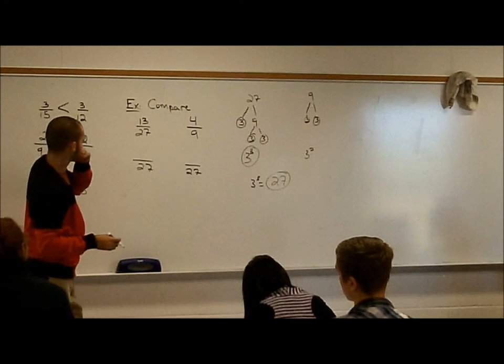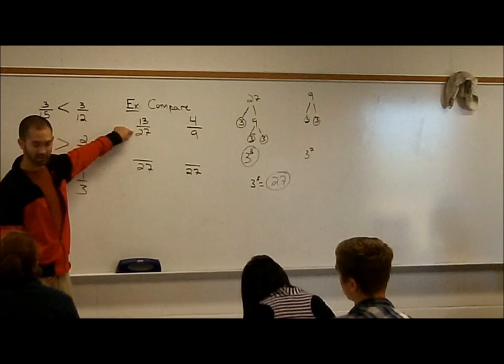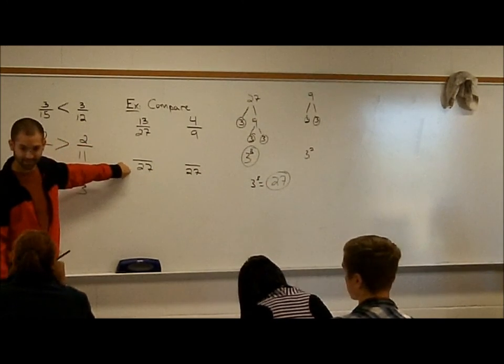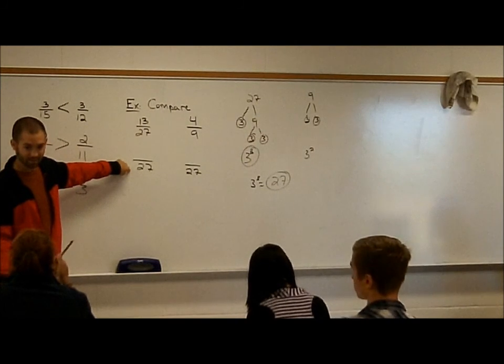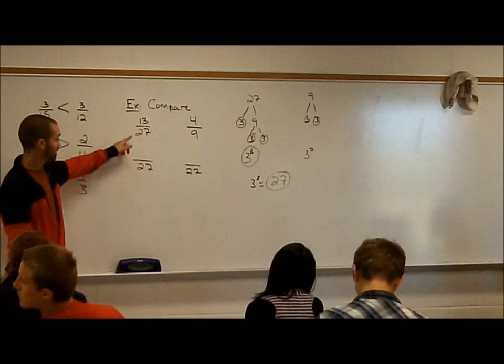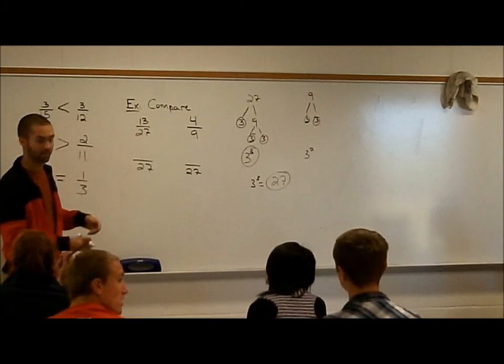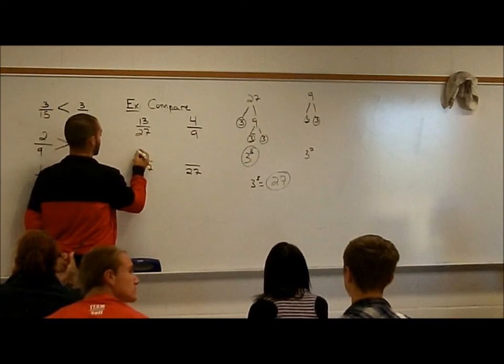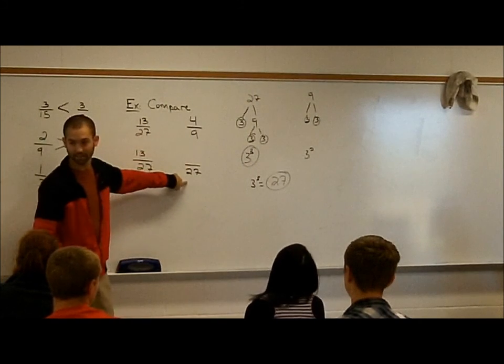How do I get 27 to be 27? Do I do anything to it? So this is going to stay the same, right? But how do I get 9 to be 27?